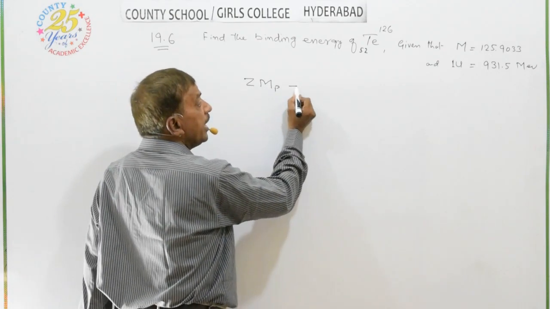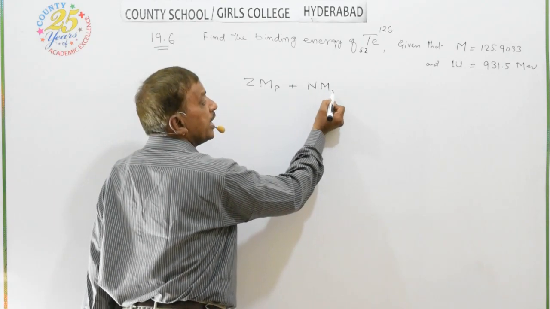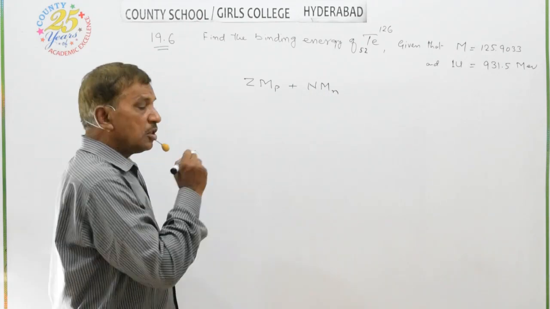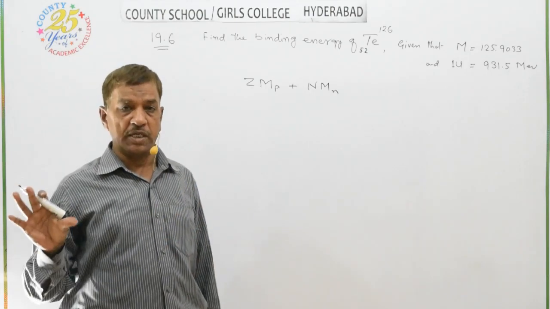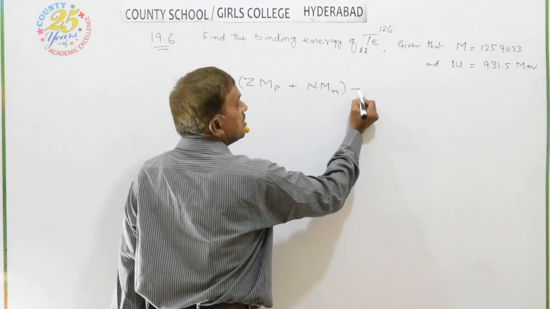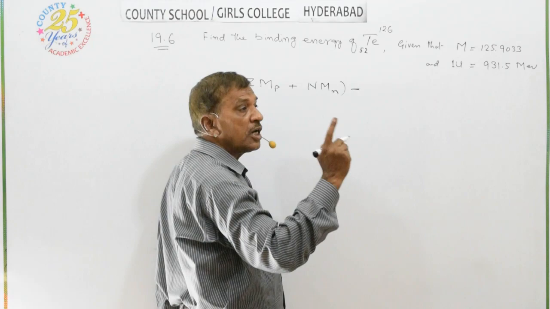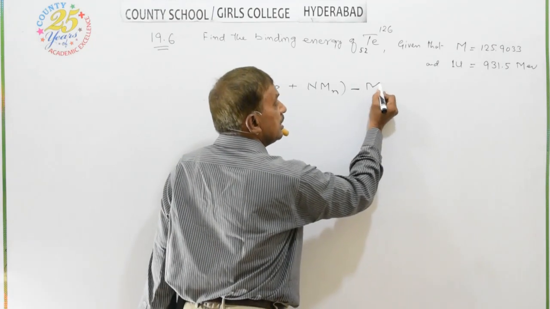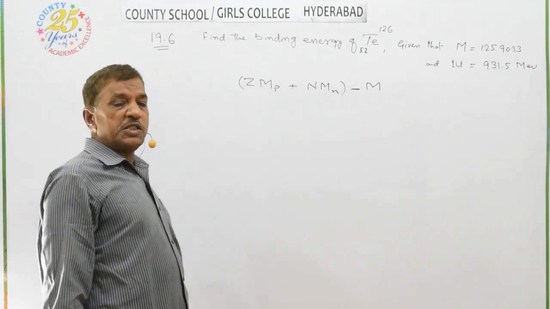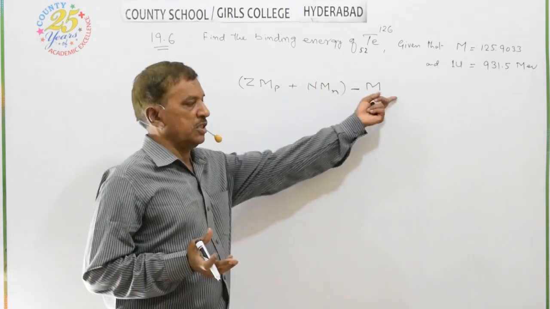There are n neutrons in the nucleus and each neutron has mass mn. So that is the total mass of the constituent nucleons. And then we subtract the mass as given in the periodic table, which is called the mass of the stable nucleus. These two masses do not tally; there is a difference between them.